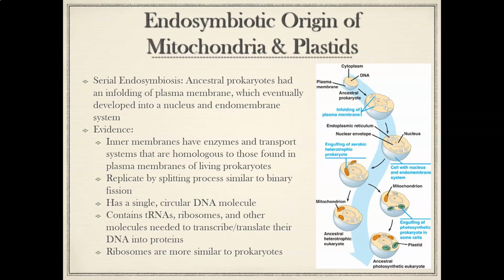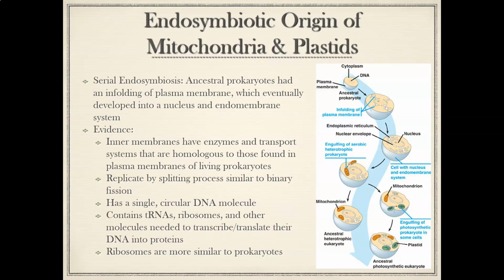So sounds like a pretty logical, pretty elegant theory, but where's the evidence, right? Because anything that we're going to discuss as a scientific theory, that means there needs to be evidence to back this up. So one of the things that we point to as evidence for this particular idea is that the inner membranes of the mitochondria and the chloroplasts have enzymes and transport systems that are homologous to what we would find in living prokaryotes today, specifically in their plasma membrane, right?